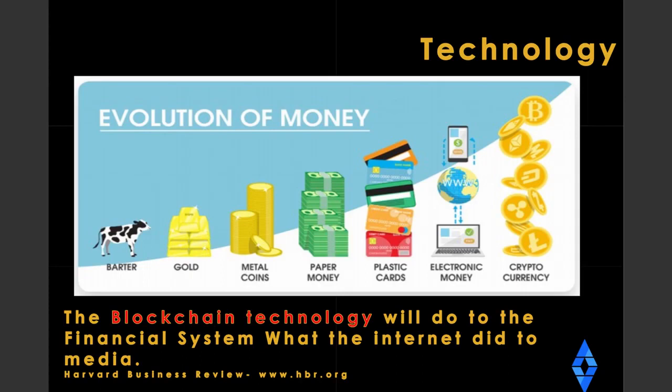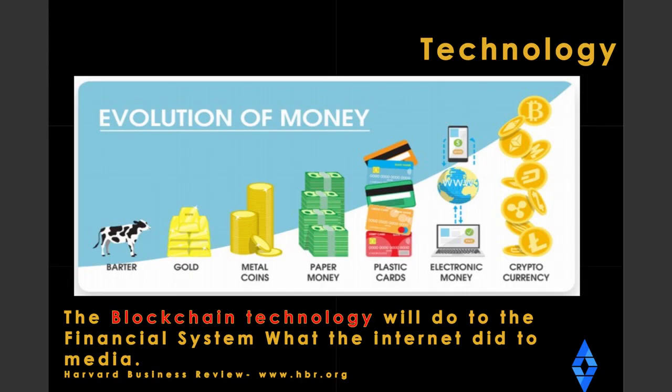Now, in this slide, we'll see how money got to where it is today. We know that in the ancient times, barter system was used for value exchange. That is, the participants in a transaction directly exchanged goods or services for other goods or services. For example, a cow could be bought in exchange of a goat, or a hen could be bought with 10 eggs in exchange. That was the barter system.